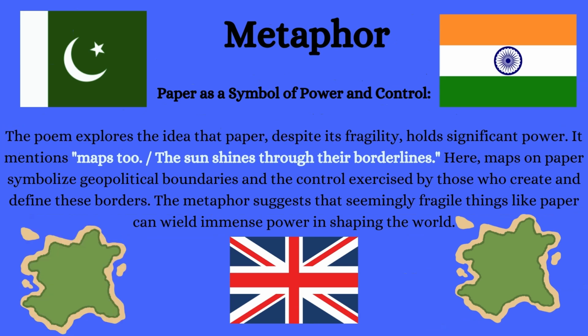Paper as power. Despite its fragility, paper holds significant power. Maps, too. The sun shines through their borderlines. Here, maps symbolize geopolitical boundaries and the control exercised by those who create and define these borders. The metaphor suggests that seemingly fragile things like paper can wield immense power in shaping the world.